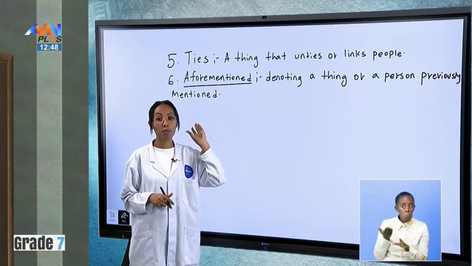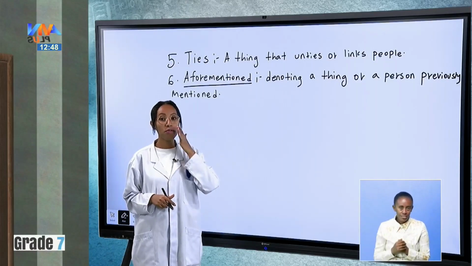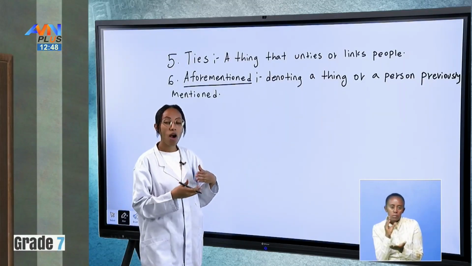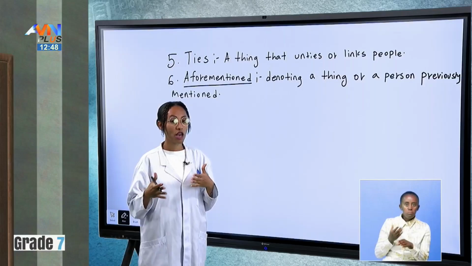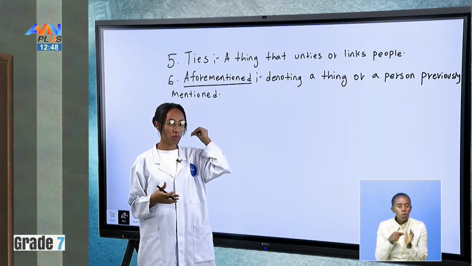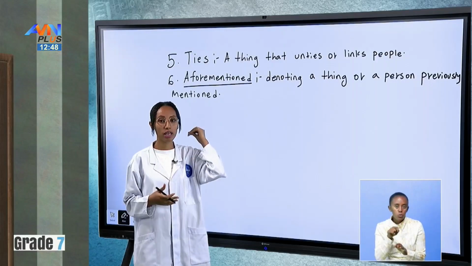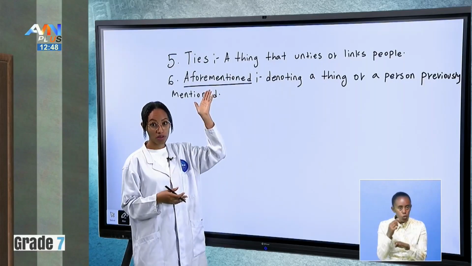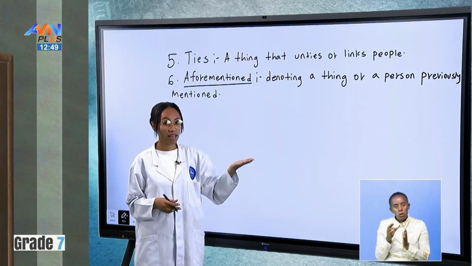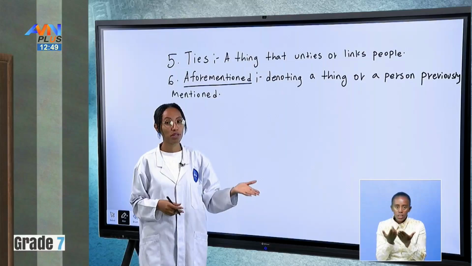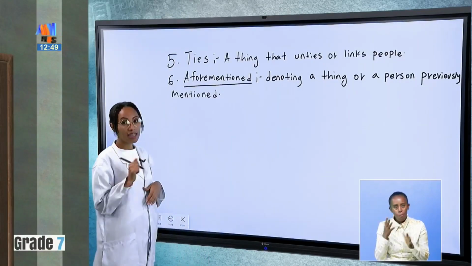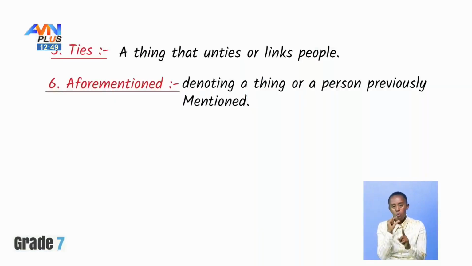So if you have been talking about people or things for quite a while, and then you change to another idea, but you want to refer to the people or things that you have been talking about before, then you use this word, the aforementioned people or the aforementioned things, to refer to things that have been previously talked about or discussed. So this is one word.